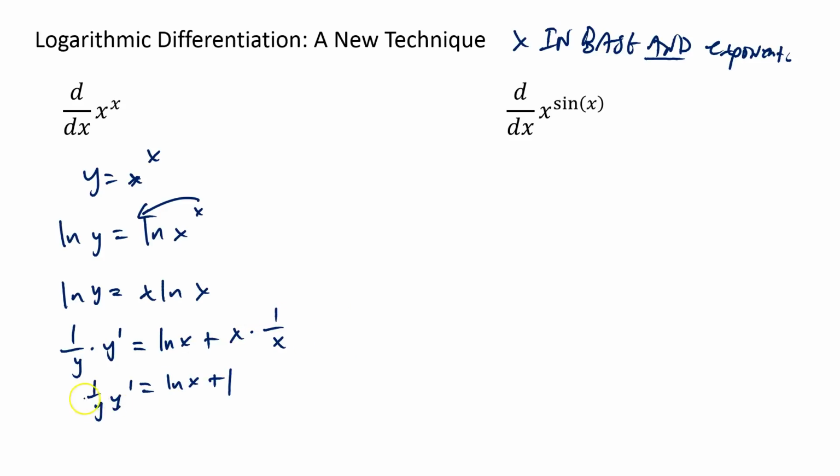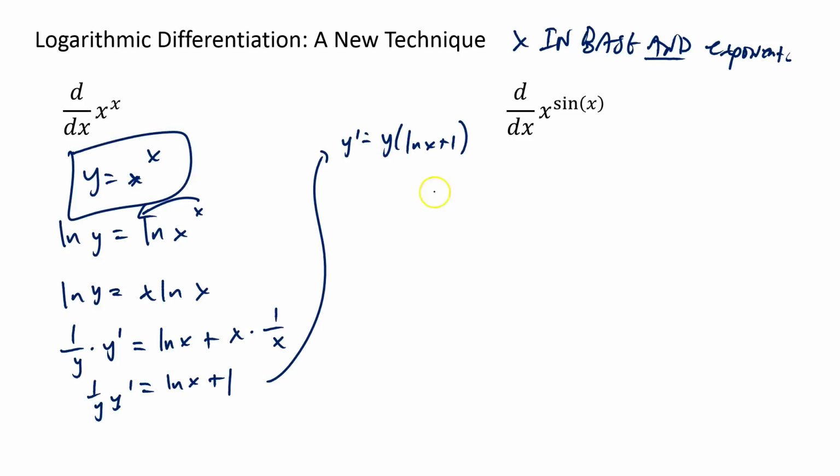Now, we don't like having y's, but if we multiply by y here, we have y prime equal to y times ln x plus 1. But we know what y is. y is x to the x. So that is x to the x power times ln x plus 1. And that's our derivative. So big things here that are different: you got to take the log of both sides. Then we move the x to the front, derive. And then when we move the y over, we got to resub in the y for what it's equal to.